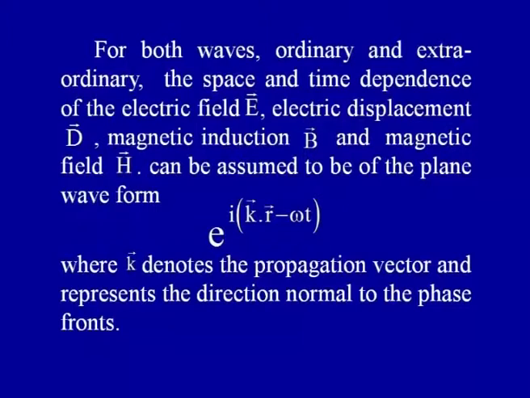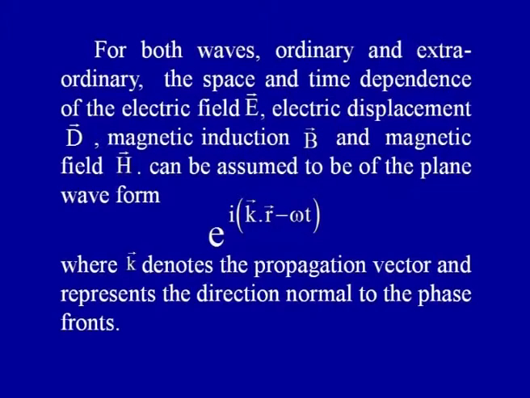For both waves, now that is important, for both waves, ordinary and extraordinary, the space and time dependence of the electric field E, electric displacement D, magnetic induction B, the magnetic field H. See, all these quantities appeared in the Maxwell's equations.